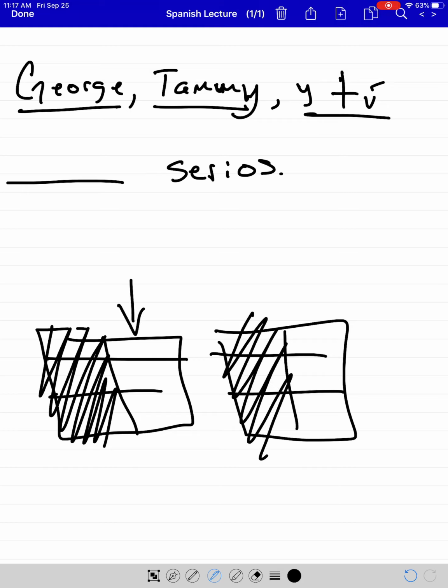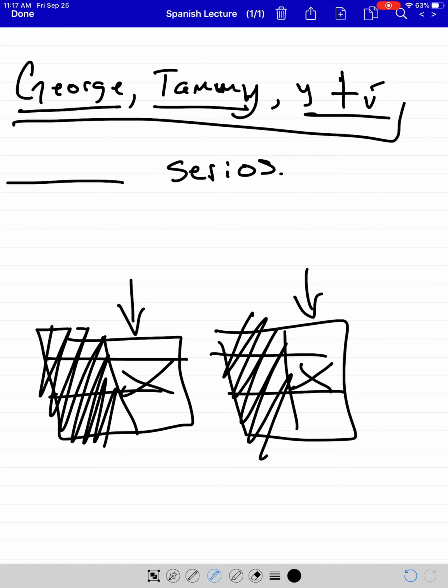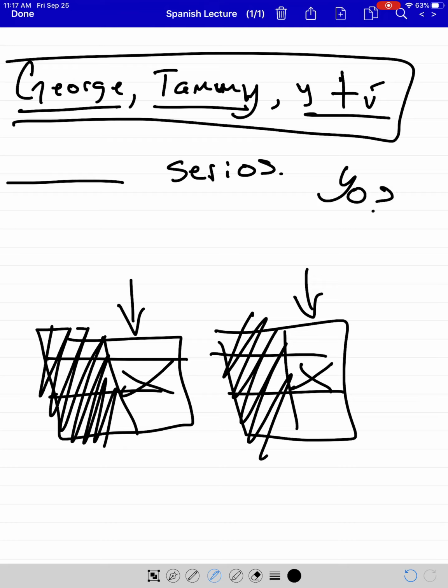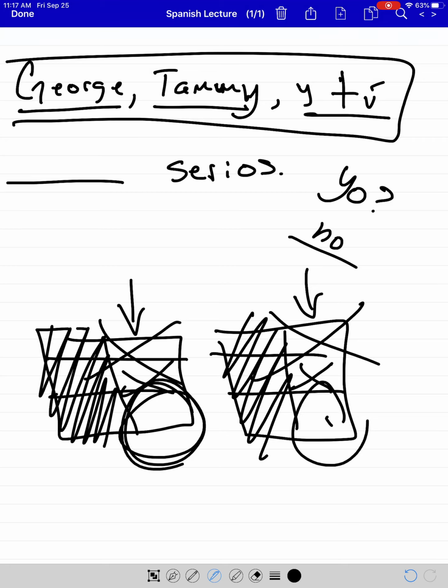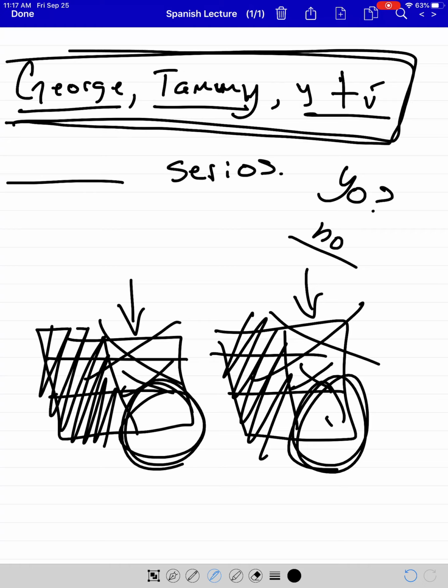We know we have to be on our plural side, so we're back down to a 50-50 chance. Now I look at these three people. Do I see the word yo in that sentence? No. I am not a part of the group. So if I'm not a part of the group, we can also get rid of that top one. Then we're only left with one more. We're in that bottom right-hand section. There are three people, so there's multiple people, and it's a group that I am not a part of. So you're going to use the word son. George, Tammy, and you are serious.